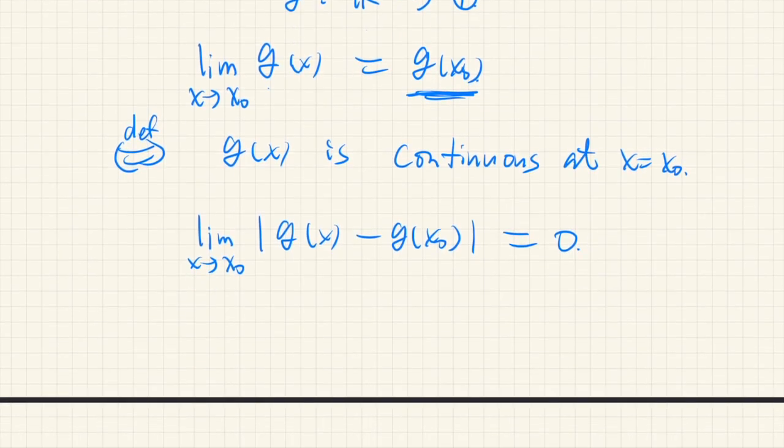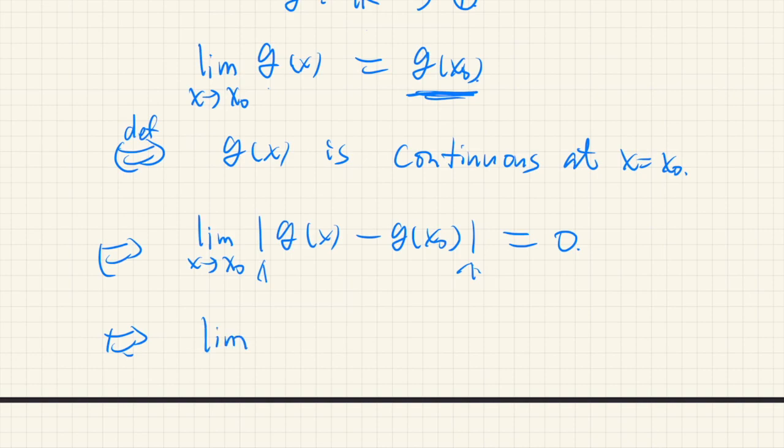And by the way, this modulus sign here means the modulus of complex numbers. So it's not just the absolute value of real numbers, but it's the absolute value of a complex number.